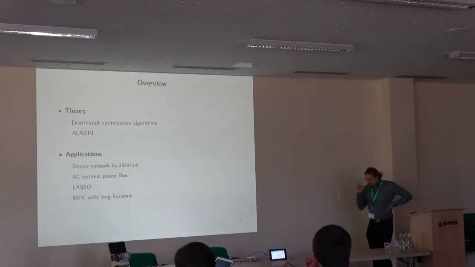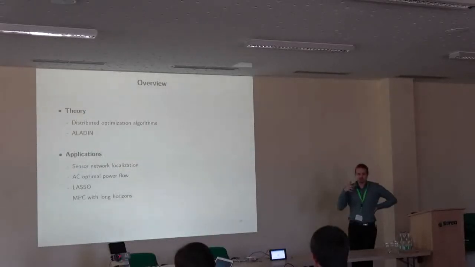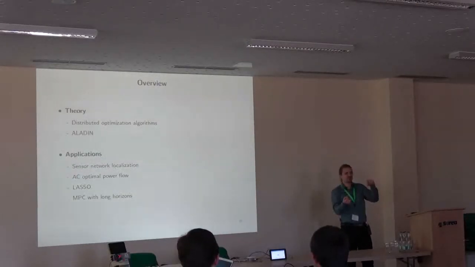Actually, I should say one warning. In fact, it's possible to construct non-convex optimization problems where we can find the global optimal solution or compute it, just by using the structure. And what we can show is basically that if we initialize Aladin at a given point and solve the decoupled NLPs to local optimality, we find a better local minimizer than if we solve the decoupled NLPs to global optimality.